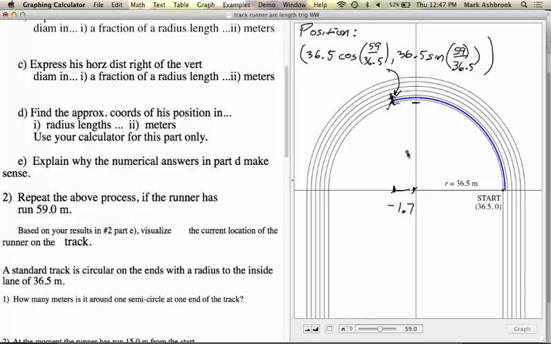And so just barely past the halfway point would be 1.7 meters to the left and 36.46 meters, just barely came down a little bit from the top. So those numbers make sense, okay? Just a little bit to the left, and then hardly any down from the full 36.5 at all.